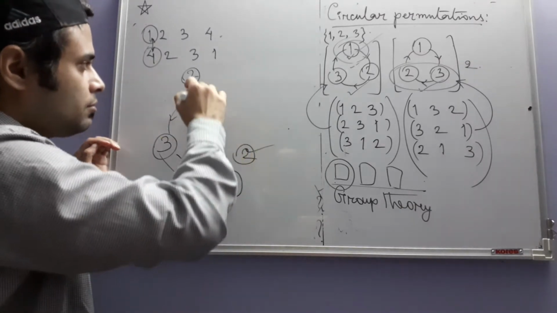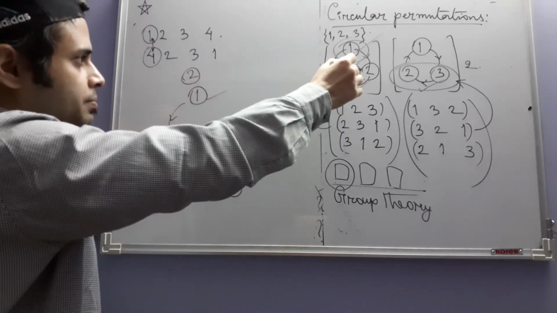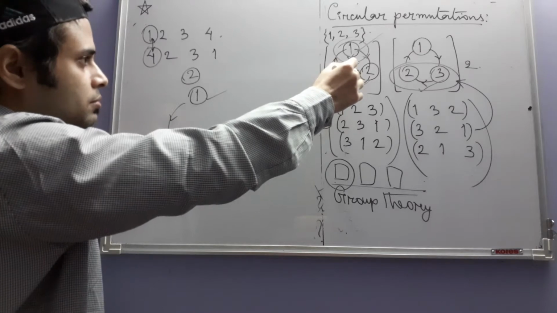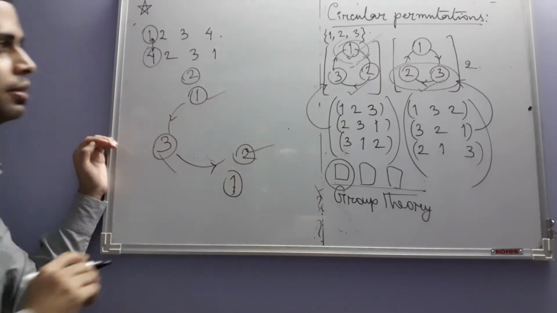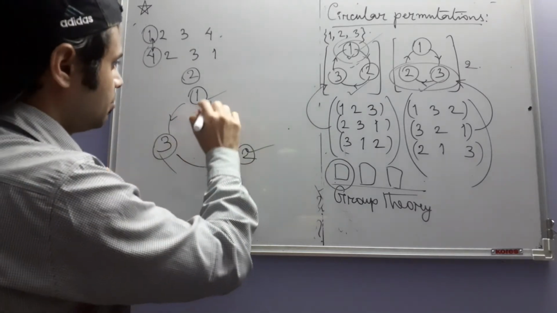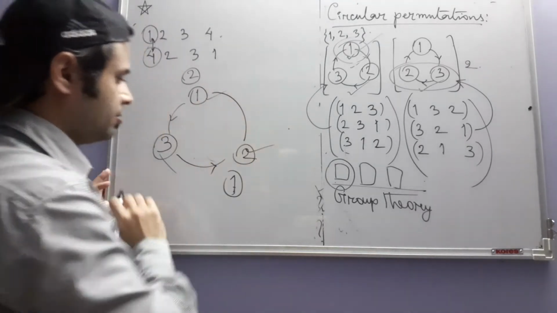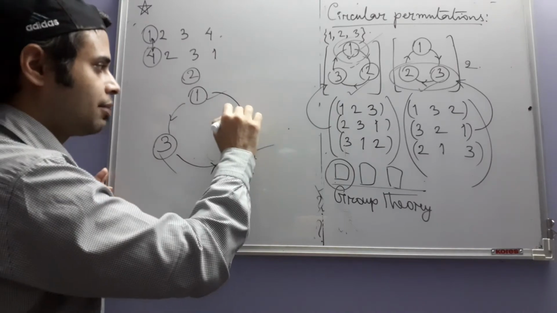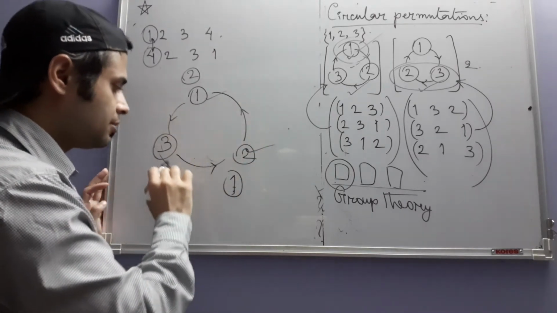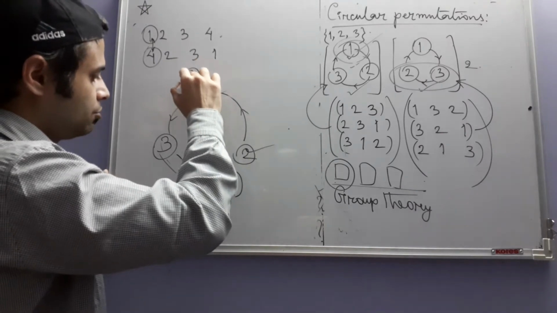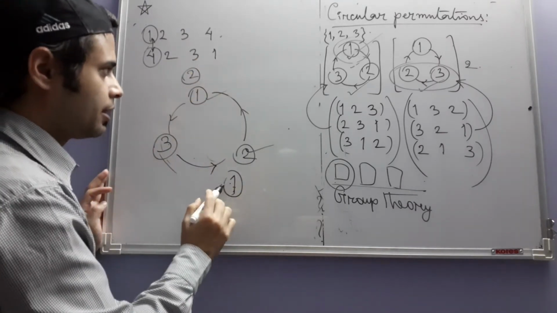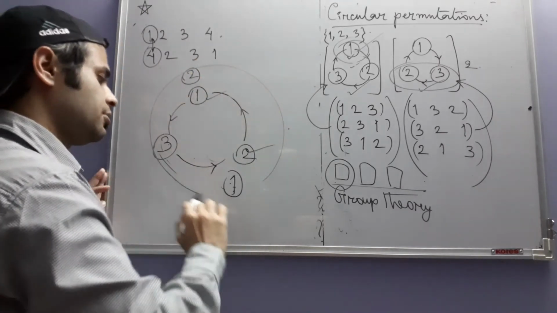But am I saying the correct thing? Yeah, 2, 3, 1. Now, if I had this bond, then I would have had 1, 3, 2, 1, right? But if I write 2, 3, 1, then I again have 1, 2, 3, 1.